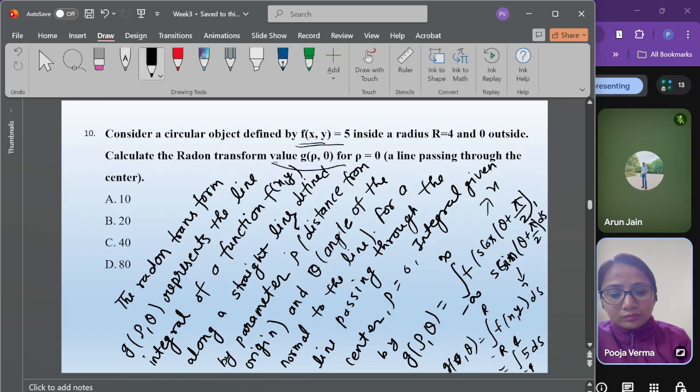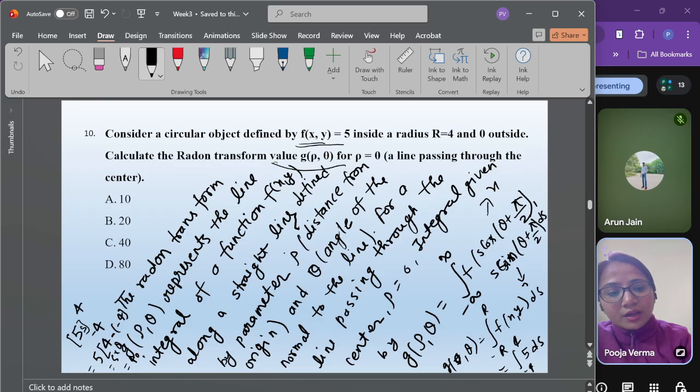If you integrate 5 ds with respect to s, what will we get? 5 times s, varying from minus 4 to 4. If you put in 4 minus of minus 4, you will get 5 into 8, so overall you will get 40 here.